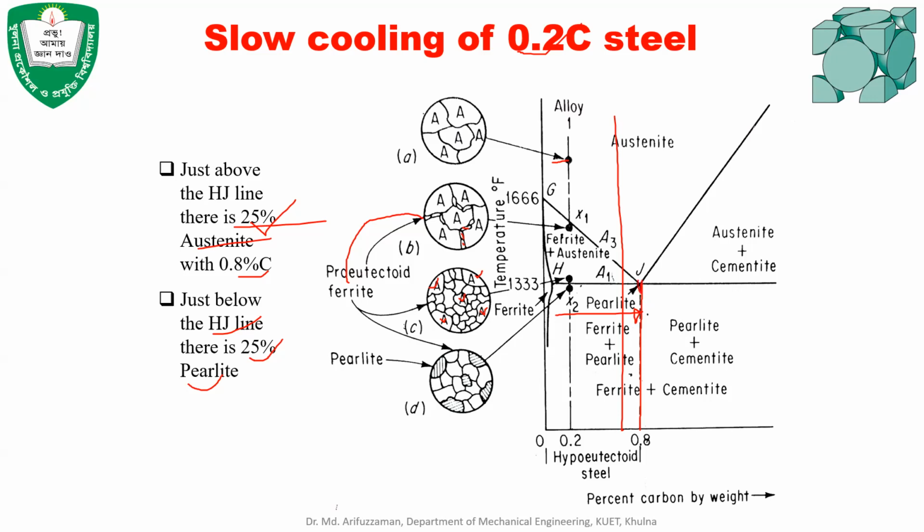And at 0.8% carbon, there will be 100% pearlite. That means the microstructure will be 100% pearlite, or 100% mixture of ferrite and cementite. Okay, any question?